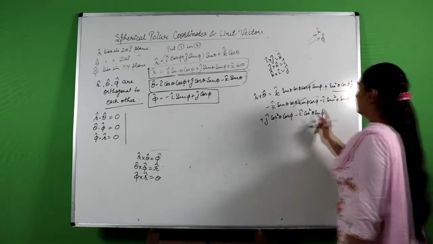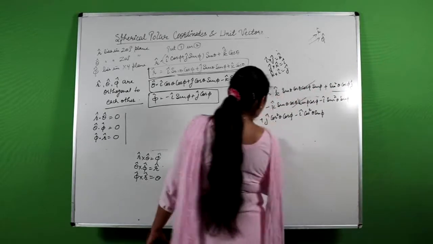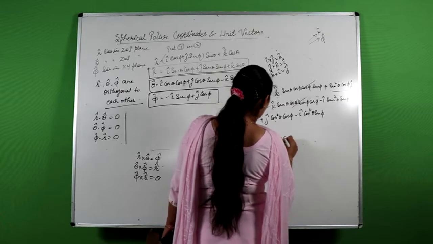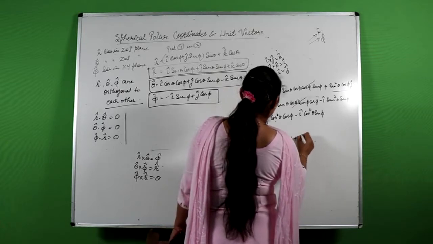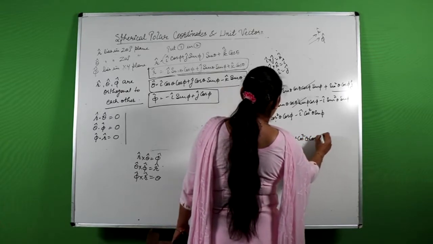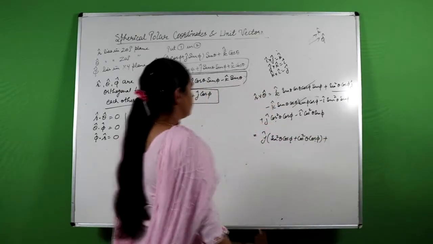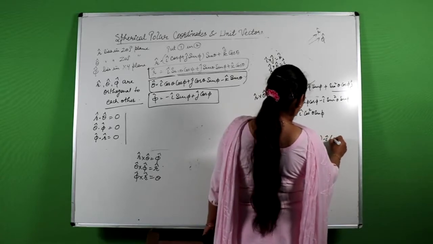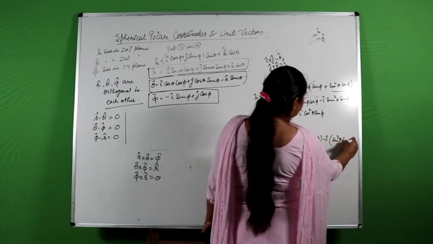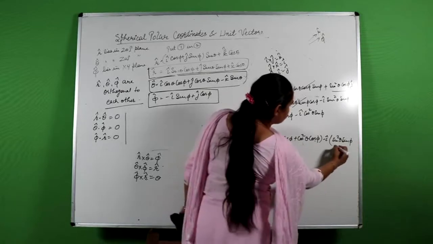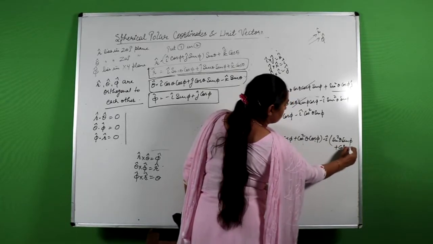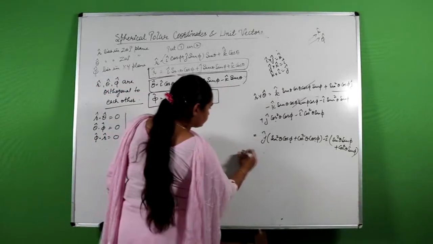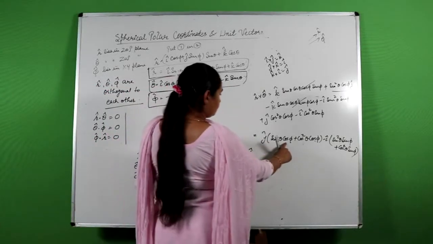If I collect the j cap terms in one bracket, I will get sin square theta cos phi plus cos square theta cos phi, plus i cap in one bracket, I take minus out, it will give me sin square theta sin phi plus cos square theta sin phi.